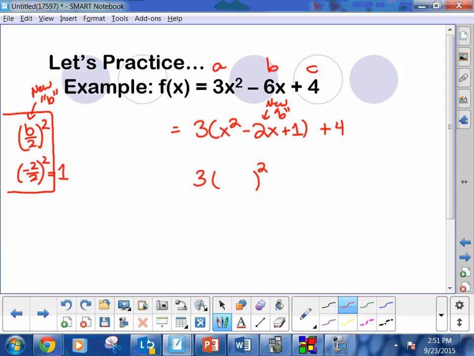One of the steps in your notes says once you find the magic number, take your a value, multiply it with the magic number, and subtract it from the end. You're wondering why. By placing this 1, I really added a 3, because 3 times 1 makes 3.